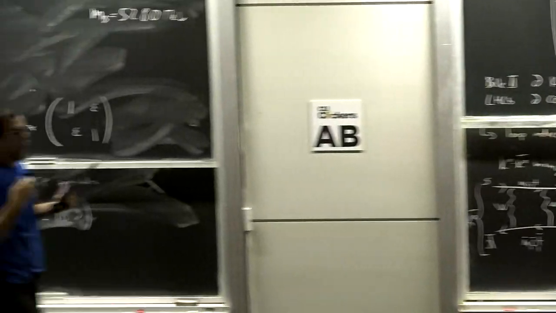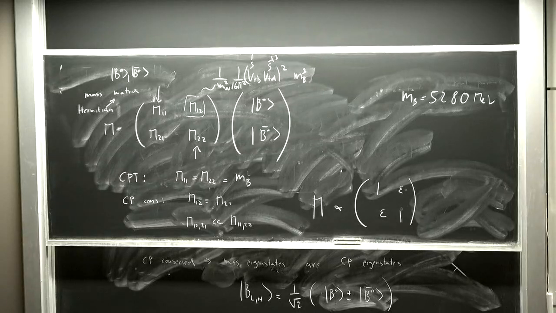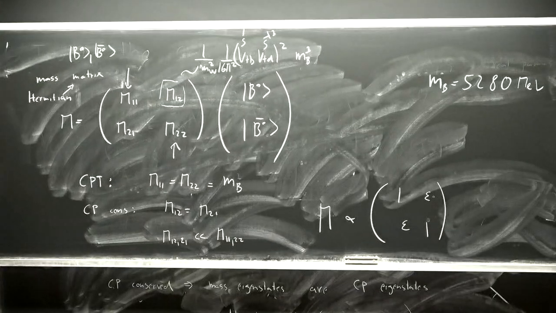Now, the B0 bar decay. So if I only look at the two-state system, I will be losing probability. So if I start with a B0, it oscillates to B0 bar, oscillates back, but I have a leaking pipeline. They're decaying away. So I have less and less of B0s if I keep measuring.